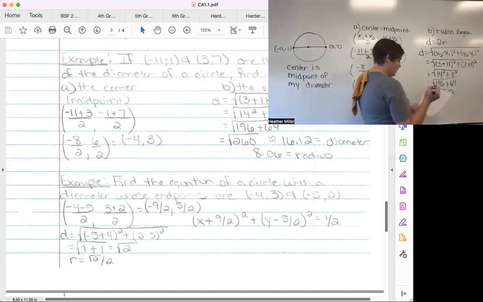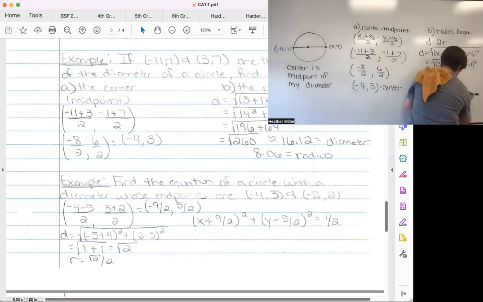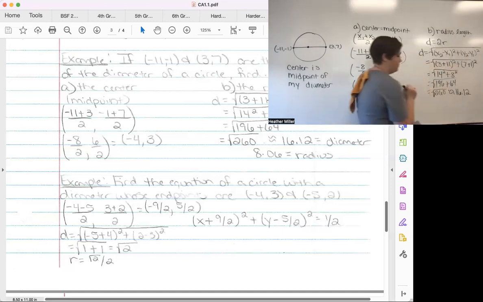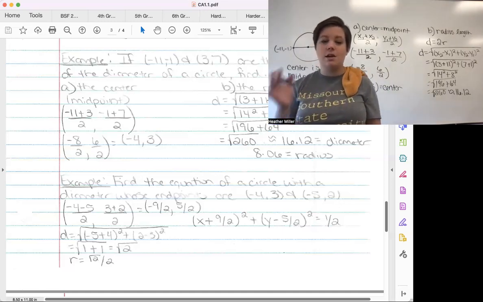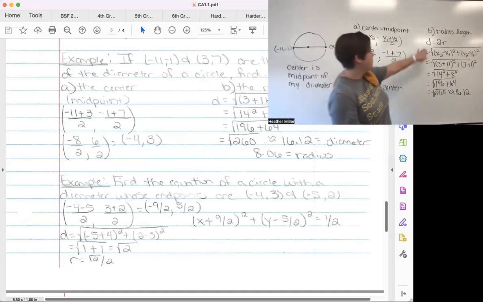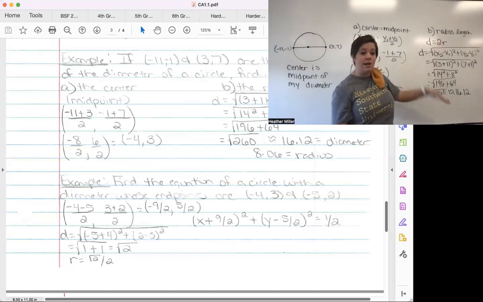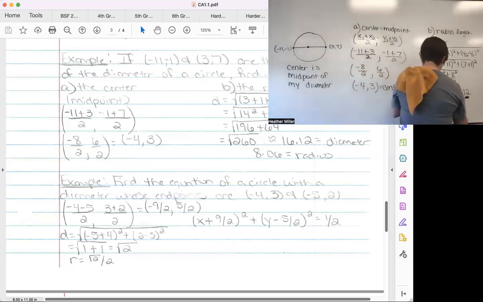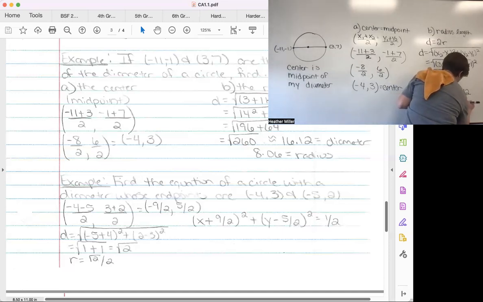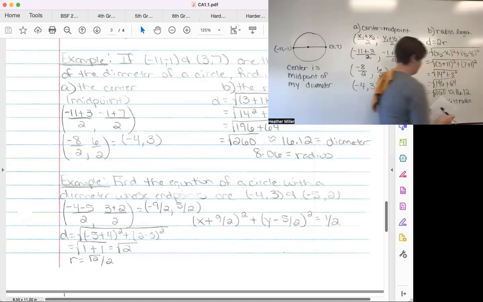So approximately 16.12. Now that 16.12 is the distance of the diameter. Now remember, diameter is twice the radius. So I have to divide that 16.12 by 2 in order to actually get the radial distance. So that means I have 8.06 is approximately my radius.